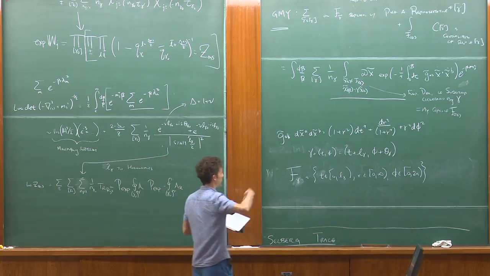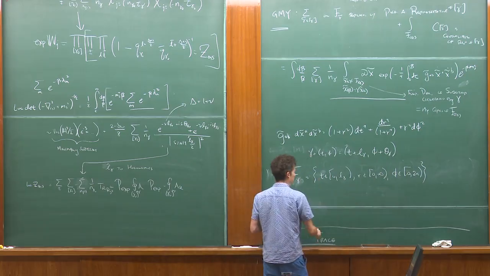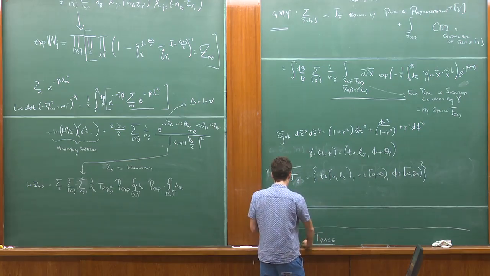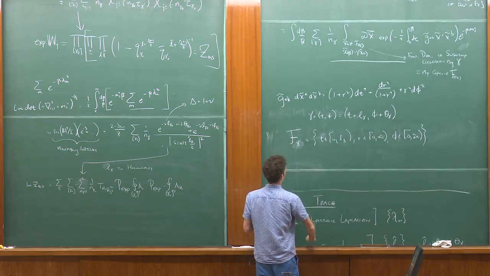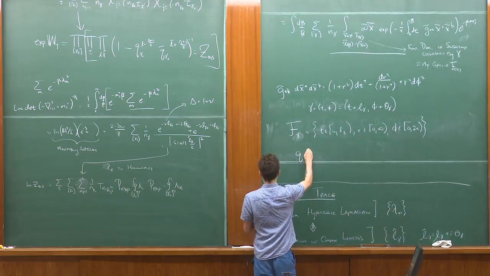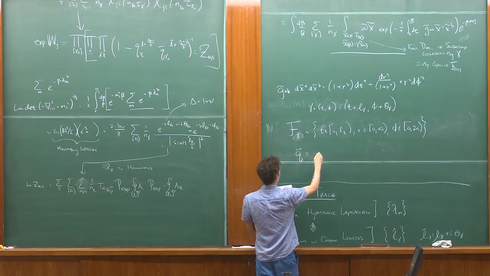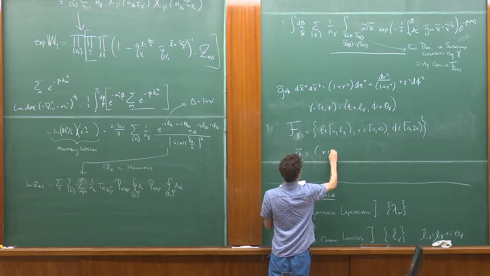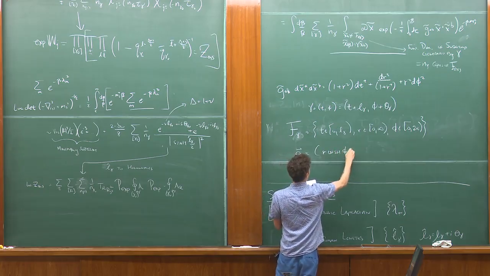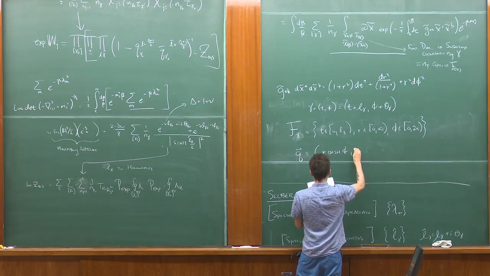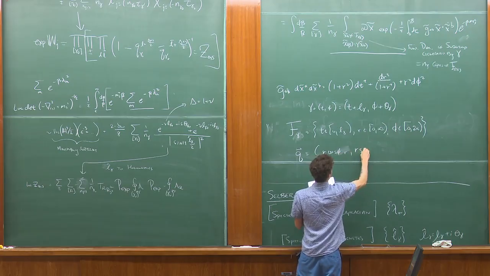So t will take values 0 to L, theta goes from 0 to pi, and r goes from 0 to infinity. And I will also introduce a coordinate q, which I'm now realizing is going to maybe be confusing with the gnome that we had introduced earlier, but oh well. r cos phi and r sine phi.